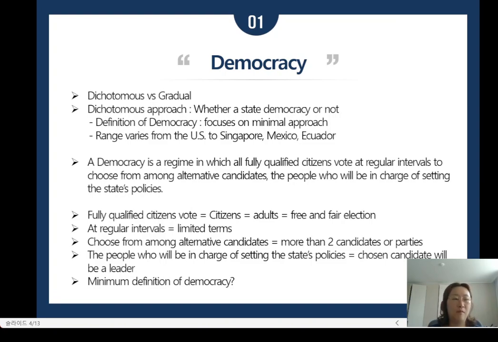That's actually not democracy. So we got rid of 박근혜, right? Because 박근혜 was selected, so she is in charge of setting the state's policy. But who was behind her? 최순실, right? So 최순실 was in charge of setting the state's policy.